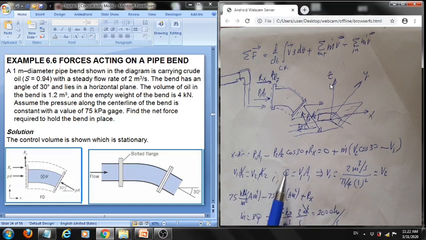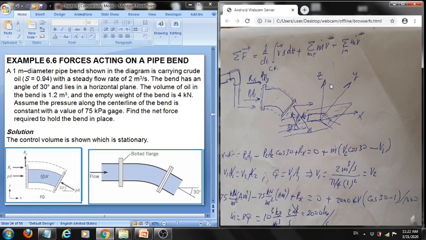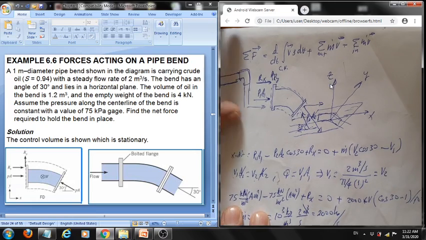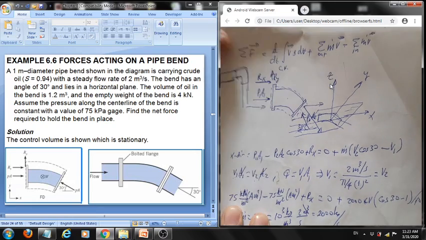Now again we follow this equation, it's equal to 0 plus 2000 times the velocity, we end up with cosine of 30 minus 1. Then again we have to remember, because we're using kilonewton, to divide by 1,000 to convert this newton to kilonewton to make the units consistent. Okay, this is its application in the x direction.